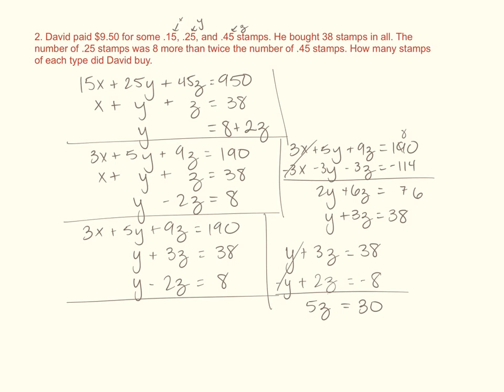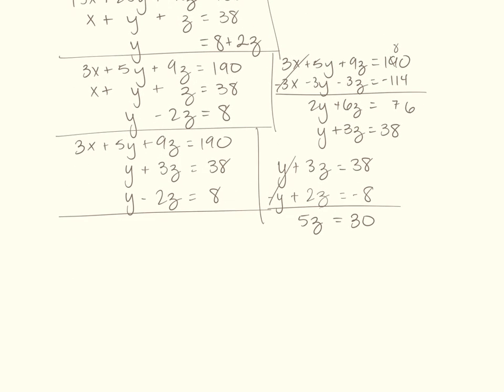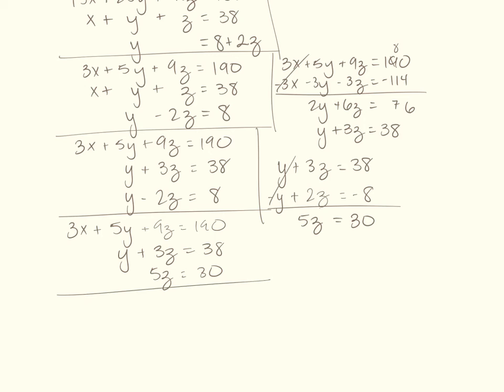So now that I have my equations, let me rewrite them one more time. We get 3x plus 5y plus 9z is equal to 190, y plus 3z is equal to 38, and 5z is equal to 30. So now we can solve for z, which when we divide by 5 is 6. We're going to plug that into our second equation, so y plus 18 is equal to 38, so y is equal to 20.